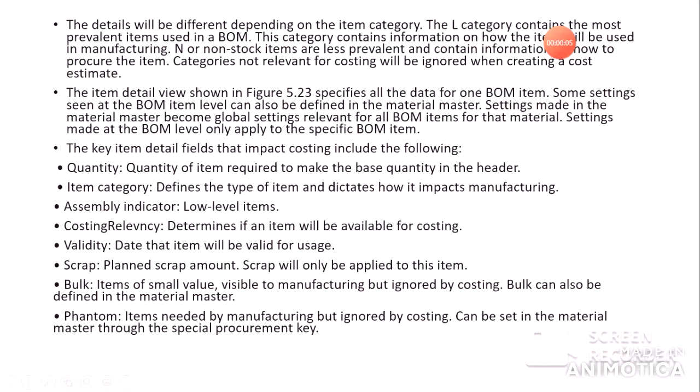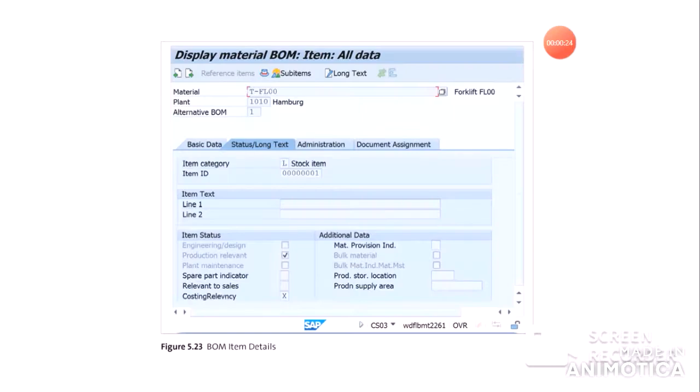So if we see on this page, the item detail view shown in figure 5.23 specifies all the data for one BOM item. Some settings seen at the BOM item level can also be defined in the material master. So here we see the material, plant and alternative BOM, item category, BOM item details.